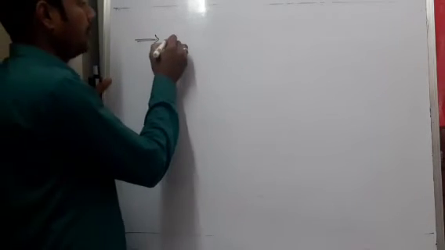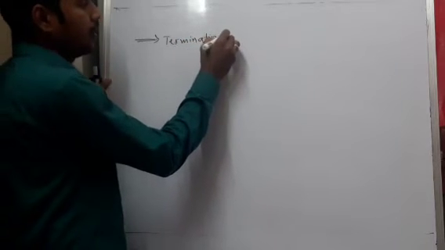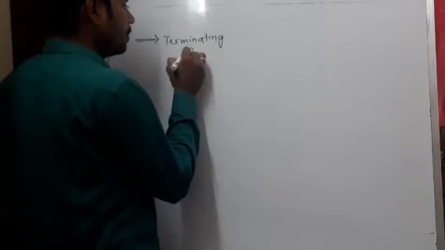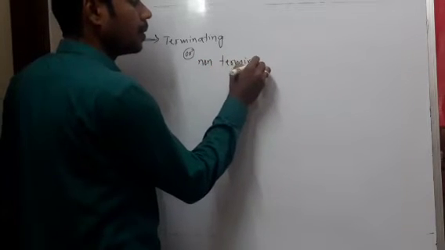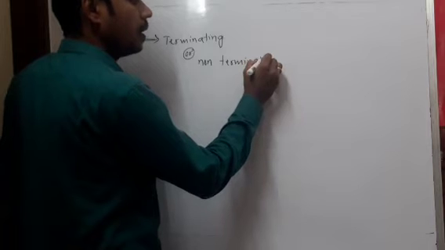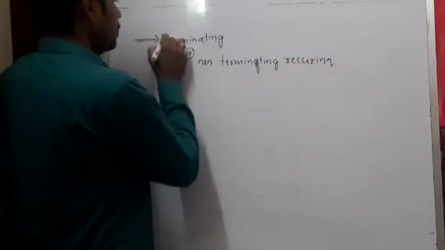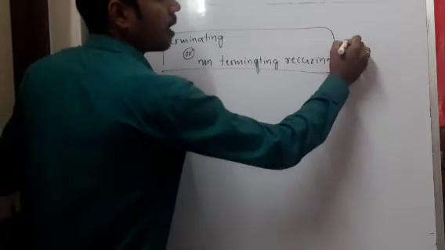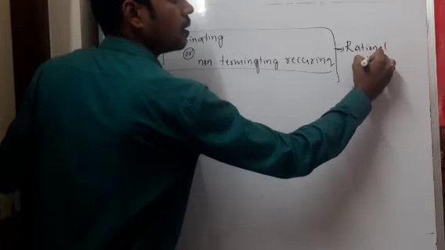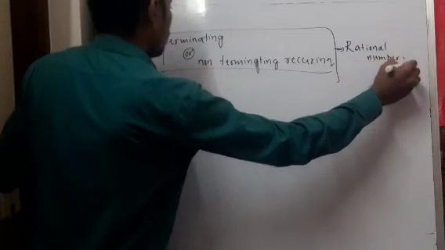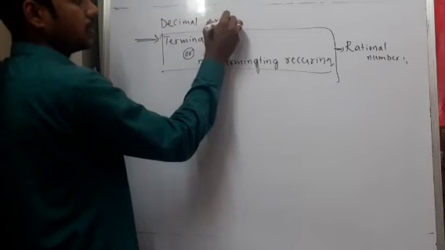Numbers which are terminating or non-terminating recurring are rational numbers.